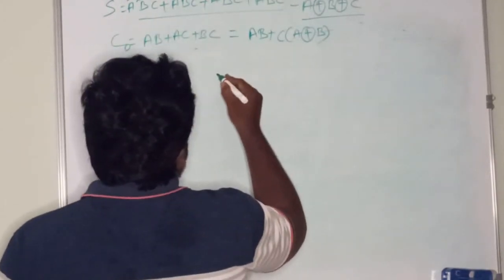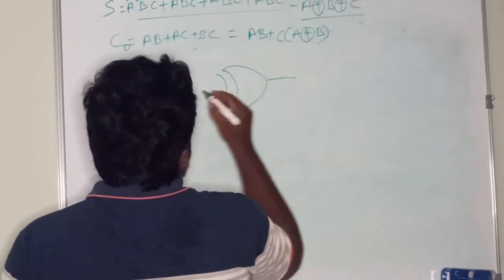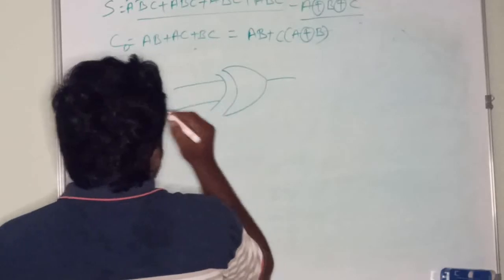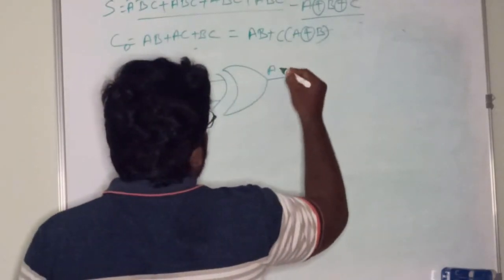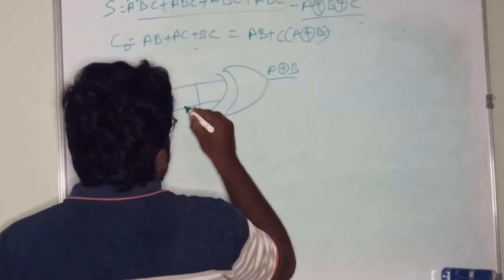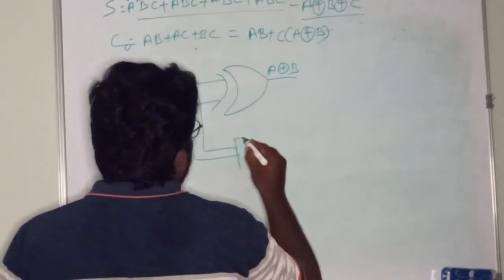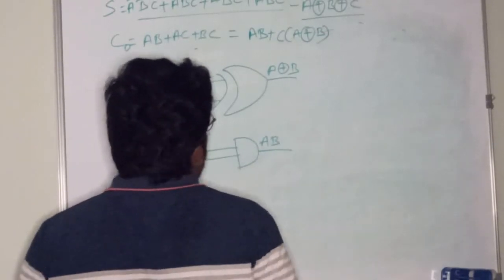So this is a half adder and it is having two inputs A and B. This is A XOR B, and this is AB, right?